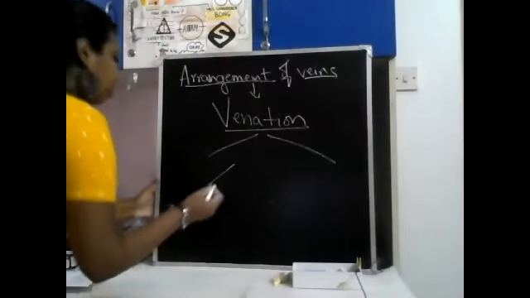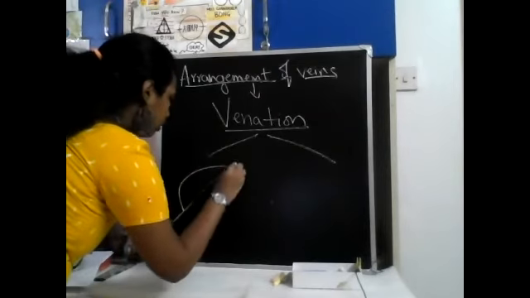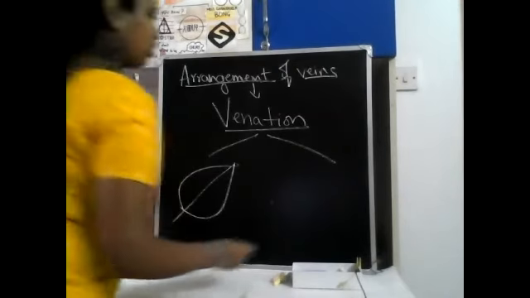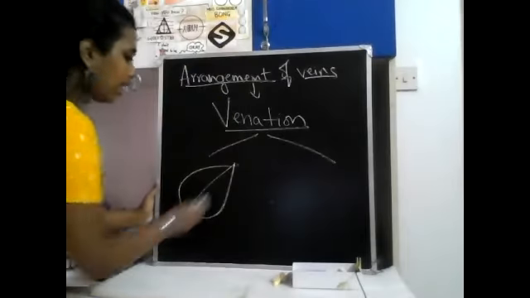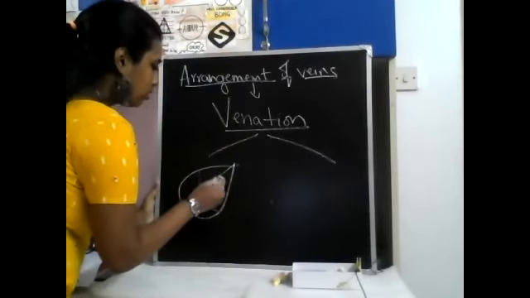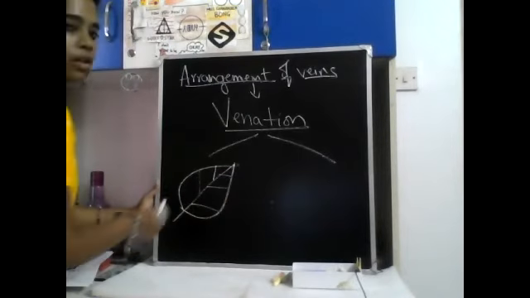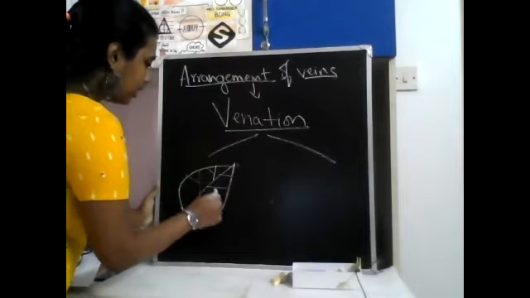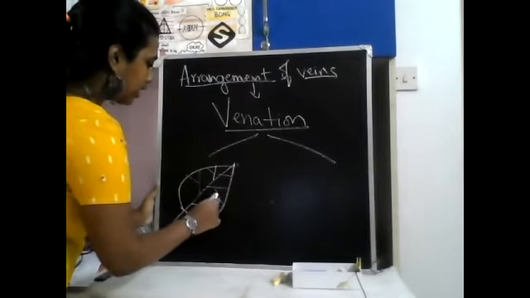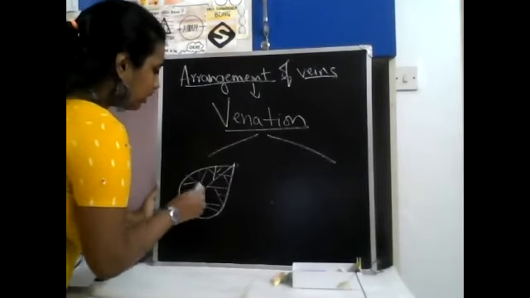Imagine this is the midrib, and you have the leaf. Okay, and around the midrib you have the veins which branch from the midrib, and you have the veinlets. These veinlets keep branching out to make it look like a network.